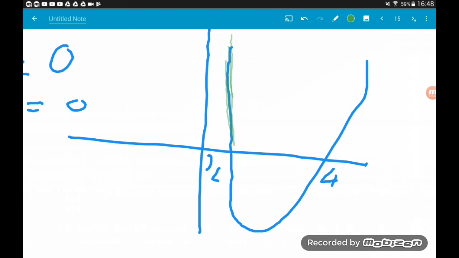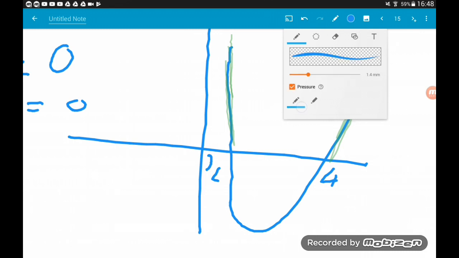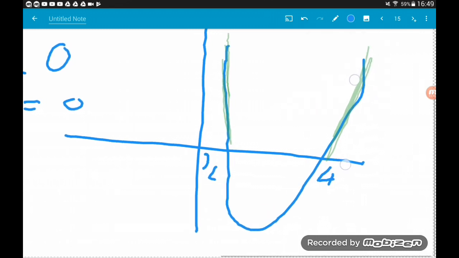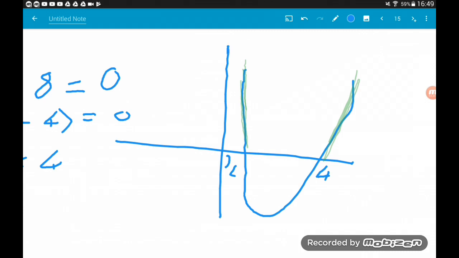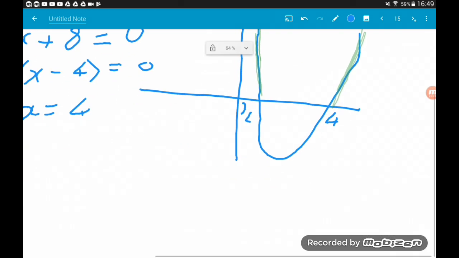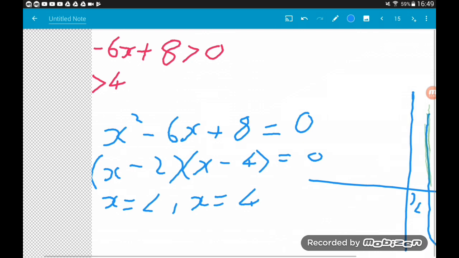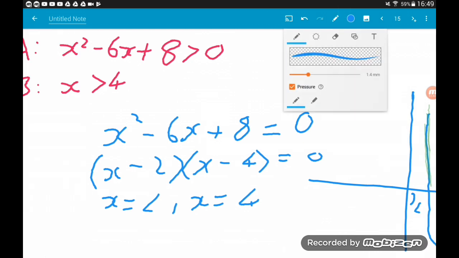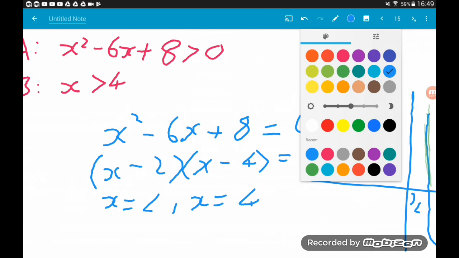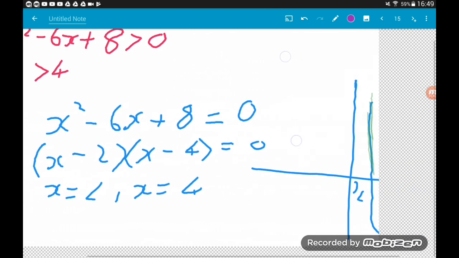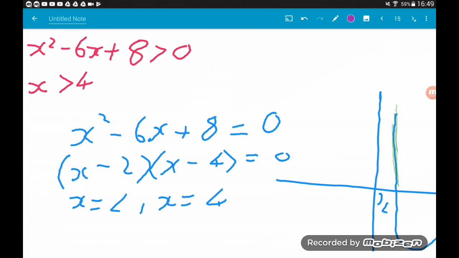So we're over here, or we're over here. So, as is very common with quadratic inequalities, we've got two solutions. So, statement A is telling us either x is less than 2 or x is greater than 4.